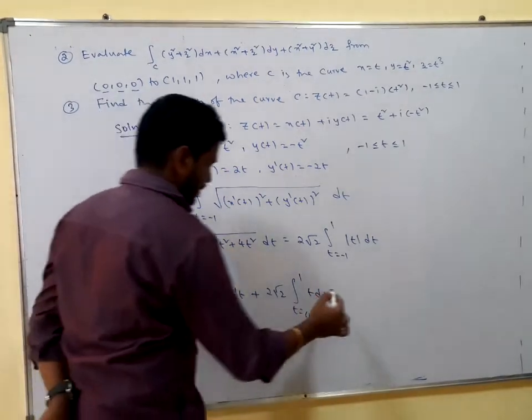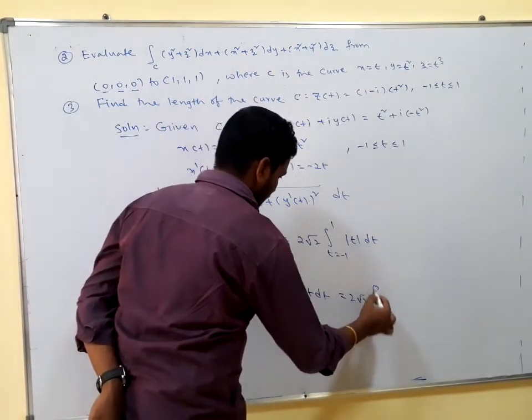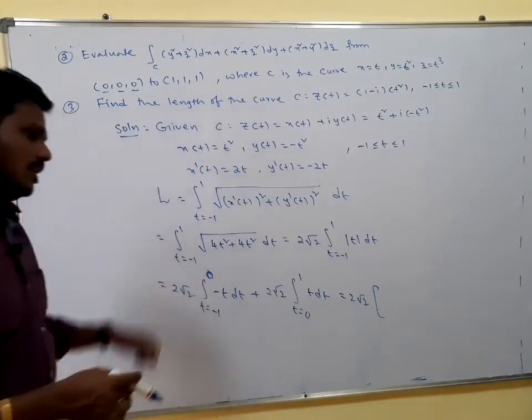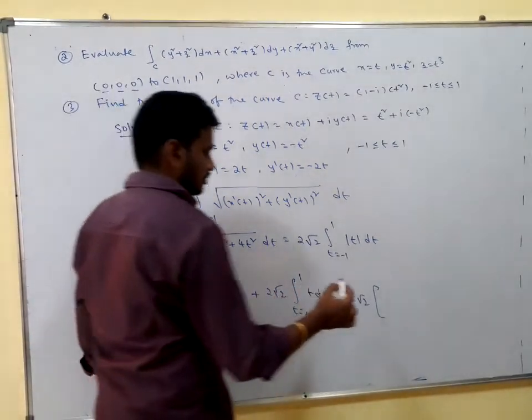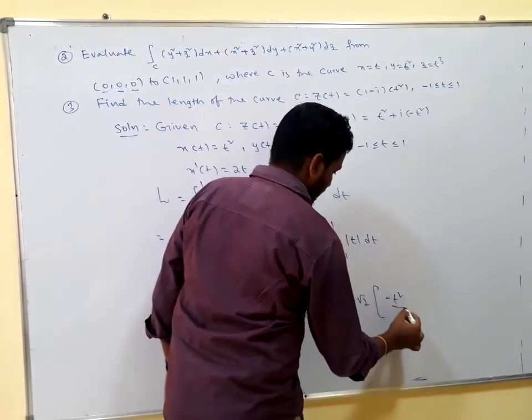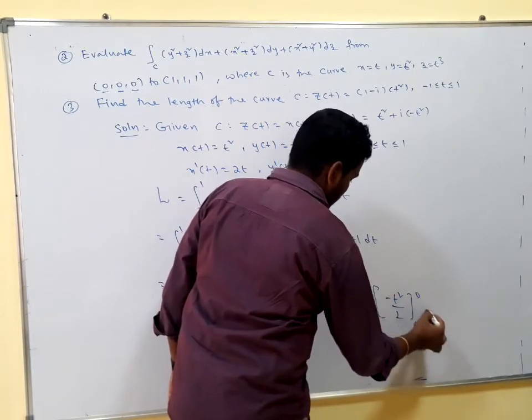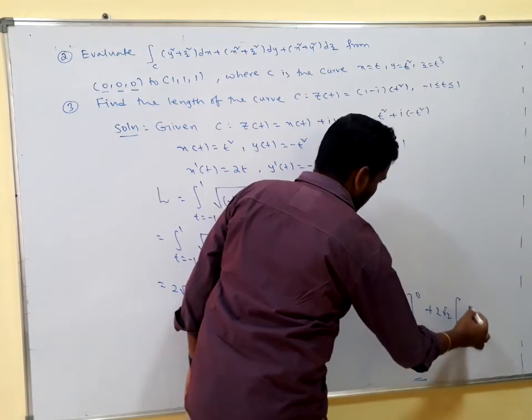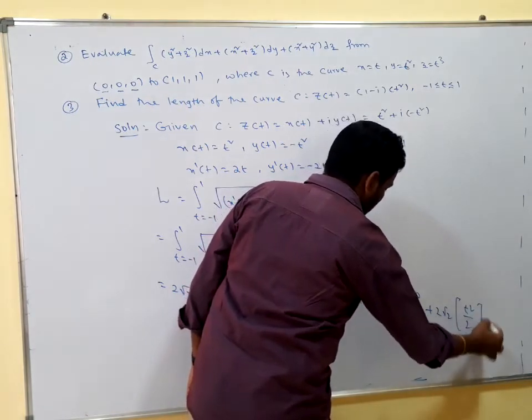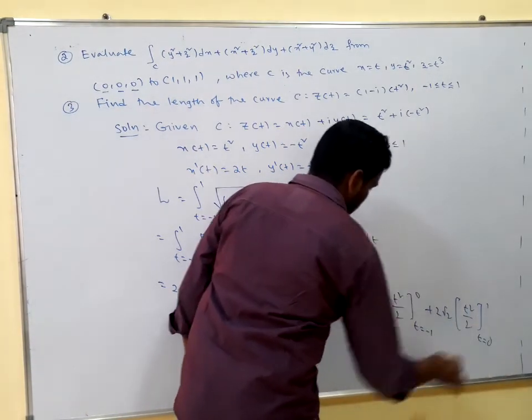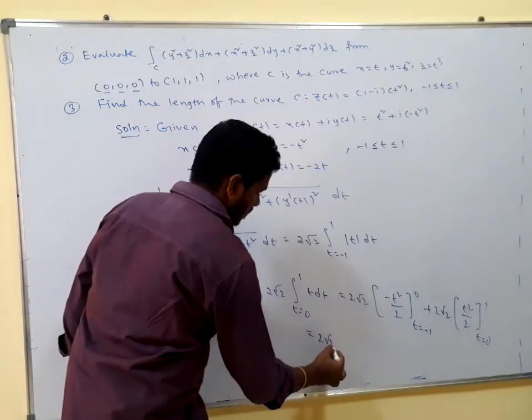So if we take 2 root 2 common, it is minus t square by 2 from minus 1 to 0, plus 2 root 2 into t square by 2 from 0 to 1.